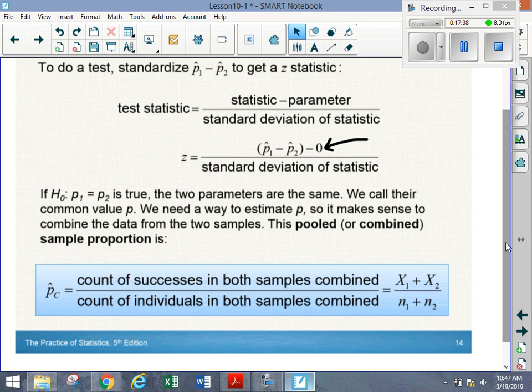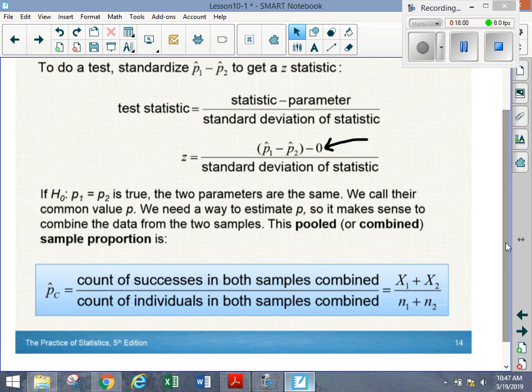You have two parameters, and they're not the same. But you're going to need a statistic to use in order to calculate the standard deviation of your statistic. That statistic is the p hat sub c.